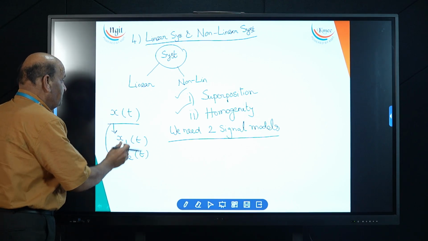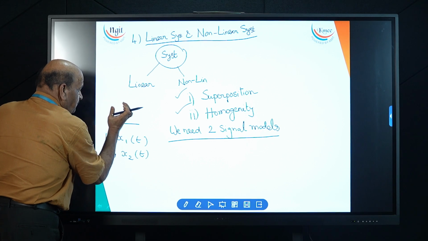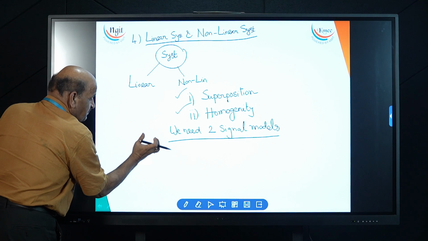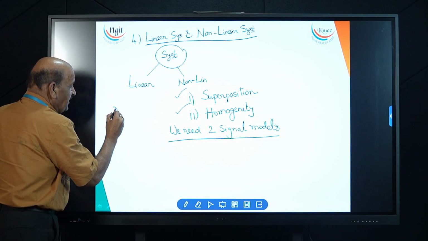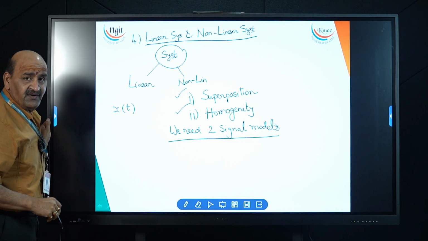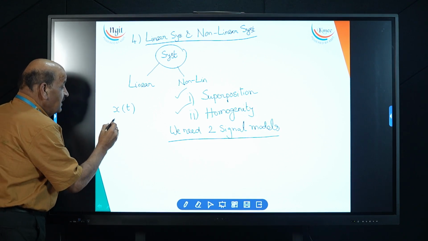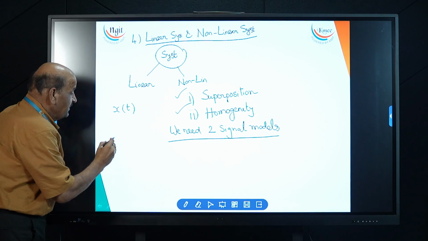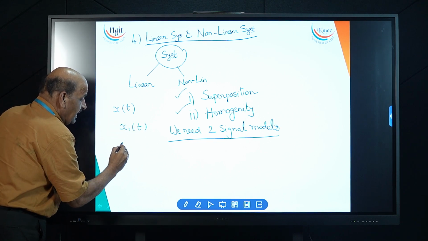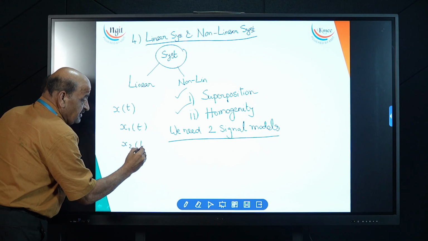Now just look. For example, a signal x of t is given. Now assume x1 of t is one signal and x2 of t is another signal.